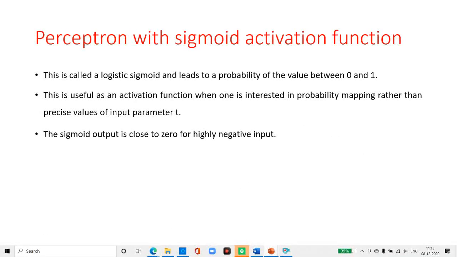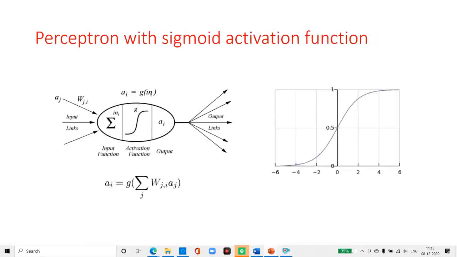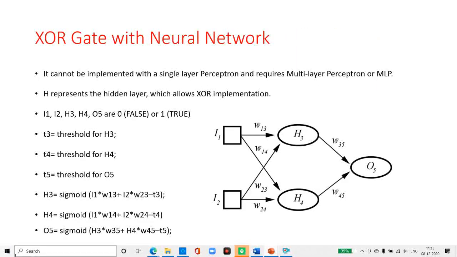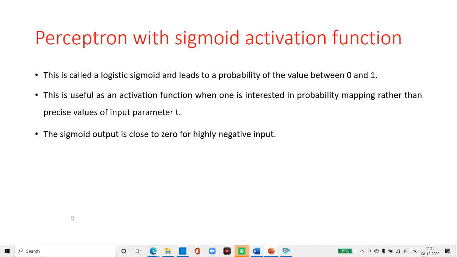The next is the perceptron with the sigmoid activation function. Here we generate three equations for H3, H4 and O5 with the sigmoid activation function.